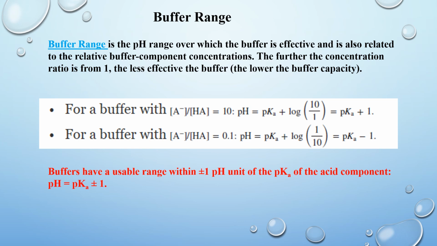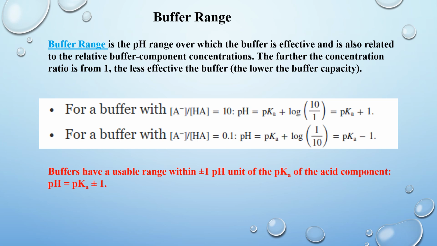And the buffer range is the pH range where that buffer is still effective. So if the buffer has a working range between 5 and 7, meaning that as long as your system is within this pH, the addition of acid and base will not change the pH significantly. But if it is out of this buffer range, the buffer will no longer work.